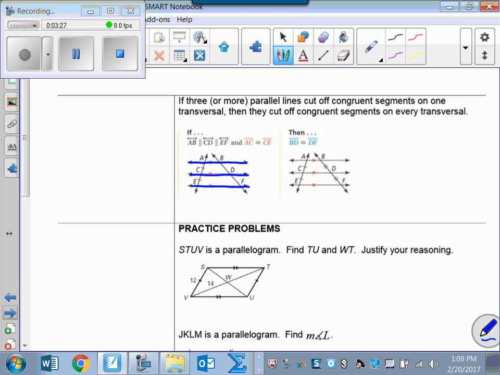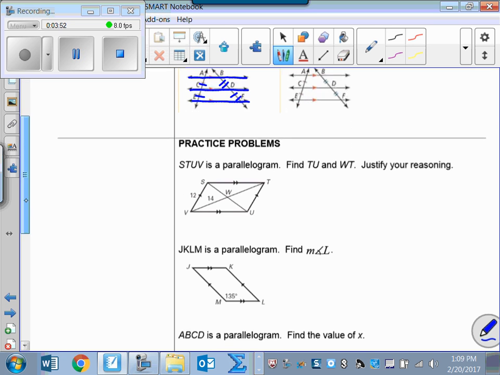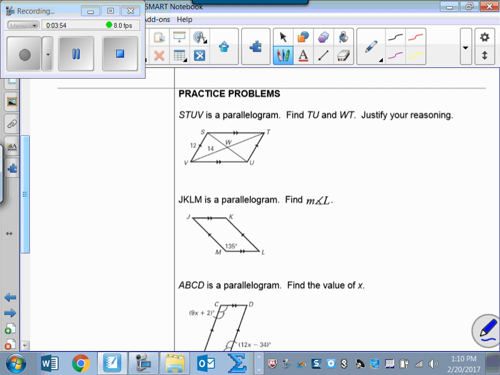And it says if they cut off congruent segments on one transversal, so if I know that AC is congruent to CE, then what I also know is that BD is congruent to DF. All right, so that's it for the theorems. This lesson I think is going to go a lot more quickly than our first lesson did because we're already to our practice problems, so let's just hit it.